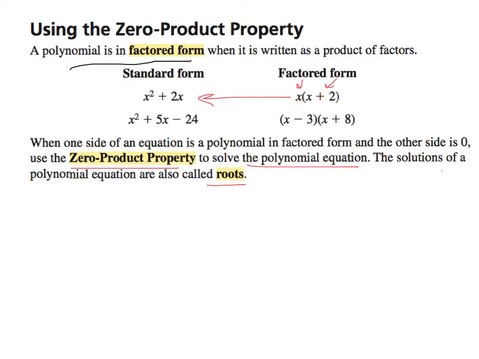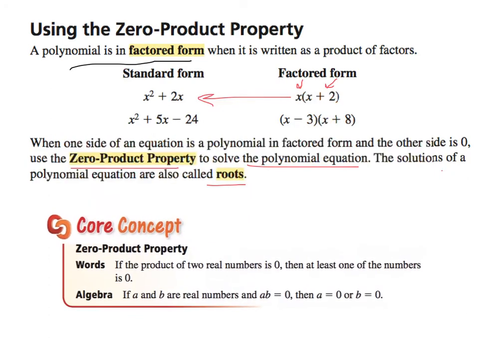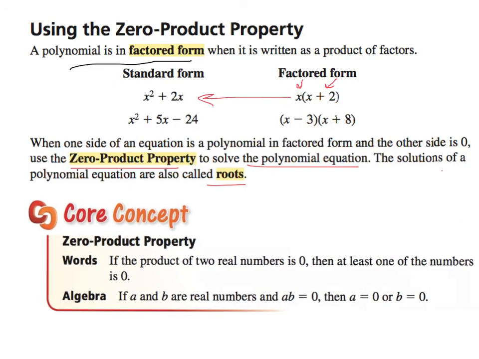Your core concept is this. Before I actually read this, I'm just going to show you one thing. If you had a number multiplied by another number and what you got was the product of 0, what do you know about one of those numbers?